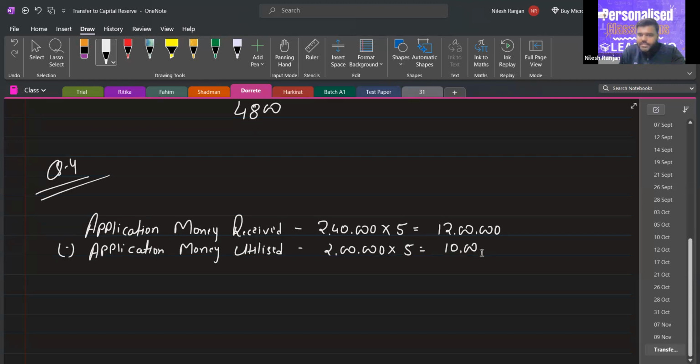So the excess application money is 2 lakh. Is this clear? Yes, sir.